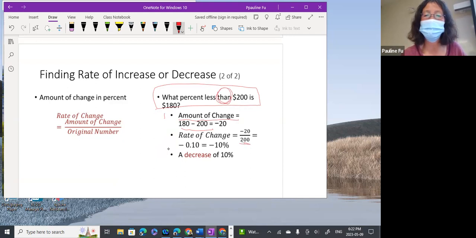Use the difference divided by 200 because "than" is the keyword. After this keyword, you have 200. The negative sign just illustrates that this is a decrease, not an increase.